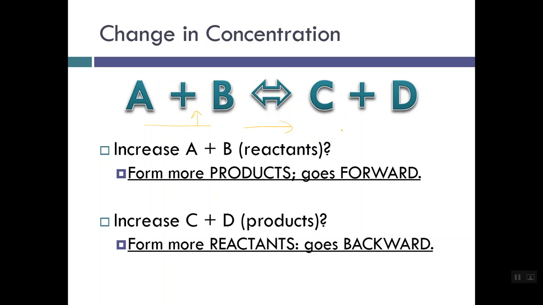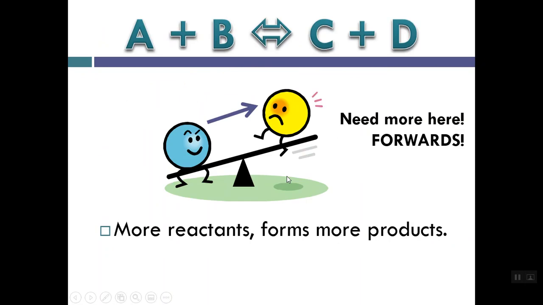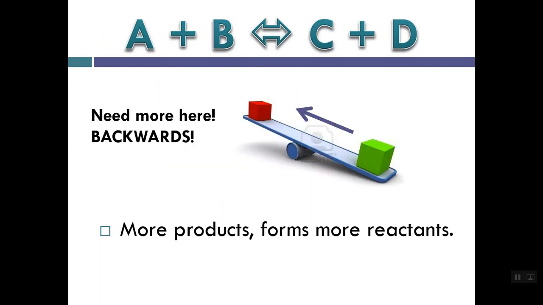If I increase the products, that would move it to the left and make it go backwards, so that I get more reactants. So more reactants moves it forwards, more products moves it backwards.